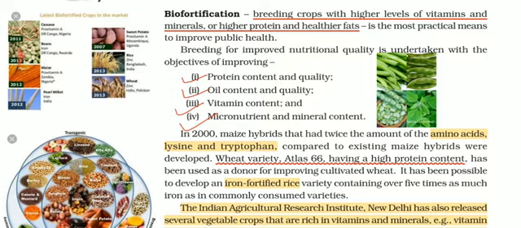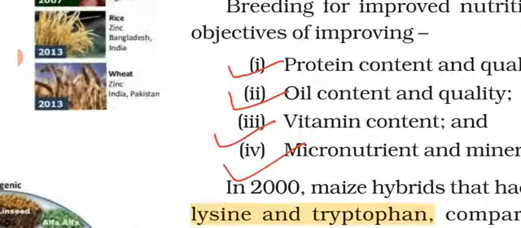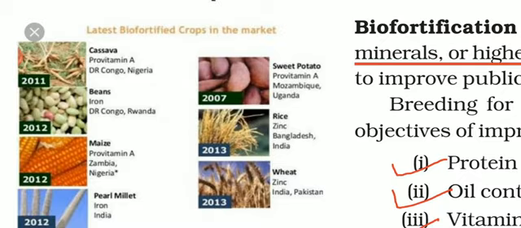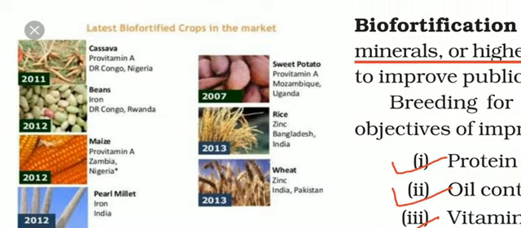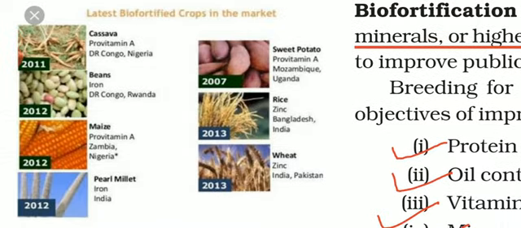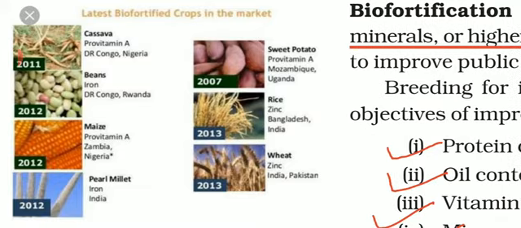Here in the picture, if we focus on this, the latest biofortified crops in the market are number one, cassava, rich in provitamin A. Number two, beans. We will also discuss the types of beans further. Iron rich beans. Number three, maize, rich in provitamin A. Pearl millet, rich in iron.